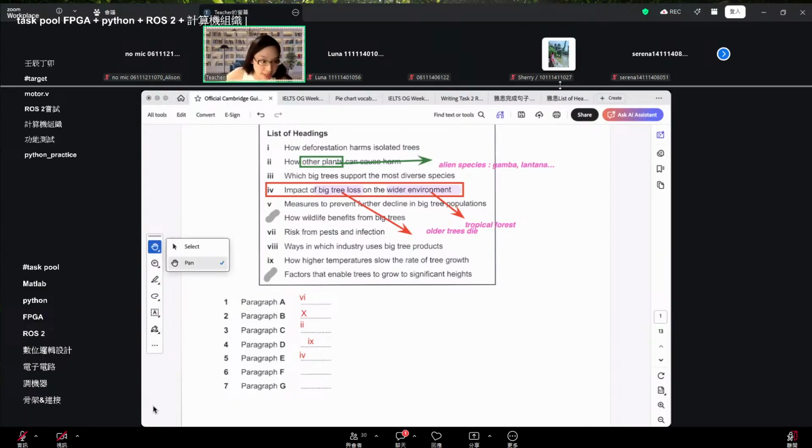Okay, paraphrasing is the very essential part for doing matching headings. Okay, so keep that in mind. We need to sharpen our skill.